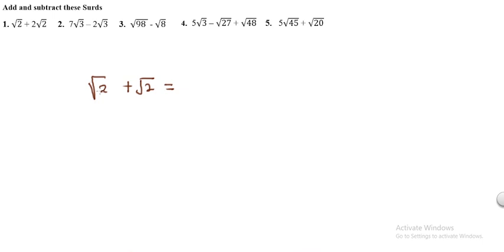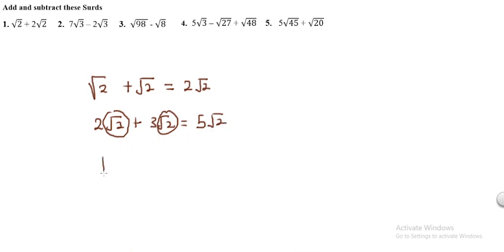So root 2 plus root 2 will be 2 root 2. If you have 2 root 2 plus 3 root 2, you can also add these because they have the same root number. So it will be 2 plus 3, which is 5. So your answer will be 5 root 2.